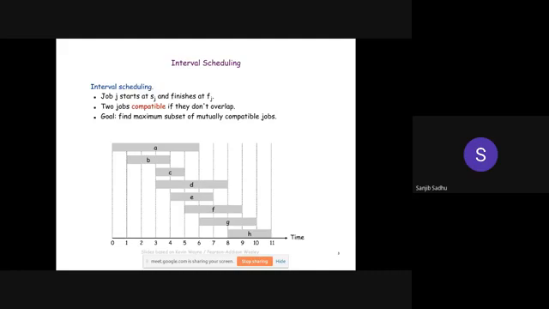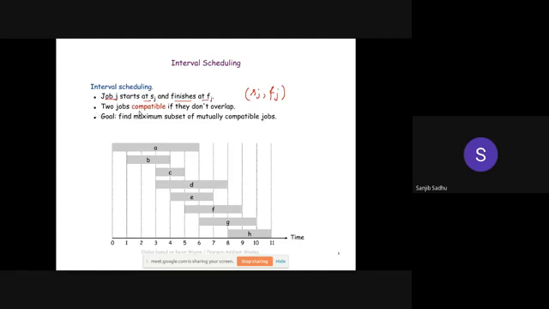This is the problem, and it is called interval scheduling, where an interval is used to denote a job. Job J starts at Sj and finishes at Fj. These are the two times, Sj and Fj. So Sj comma Fj denotes job J's starting time and finishing time.